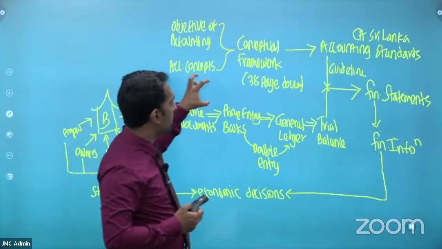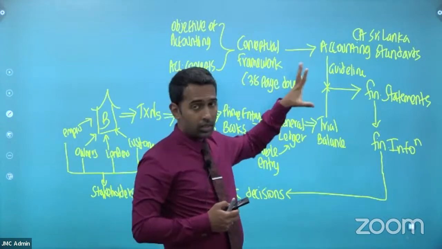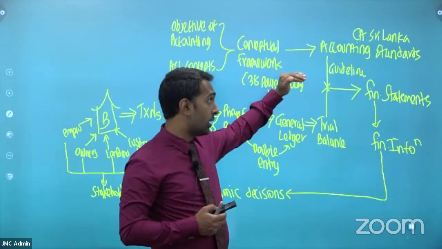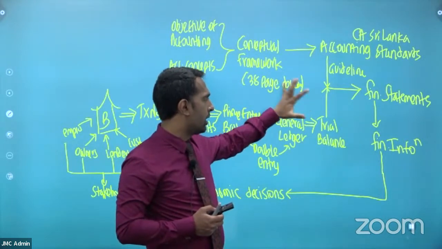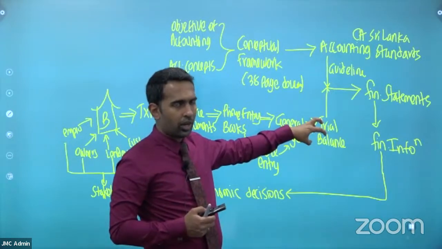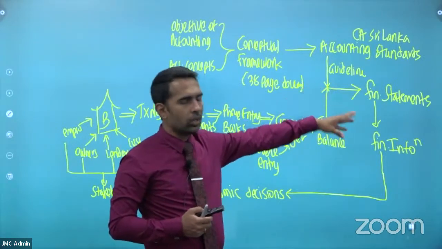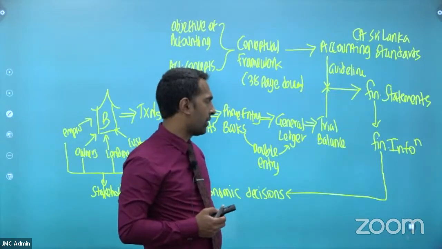And using this objective and these concepts, you are preparing the accounting standards, which are specific guidelines. You use those guidelines, and with the information captured up to the trial balance, mixing them both, you are preparing the financial statements, right?